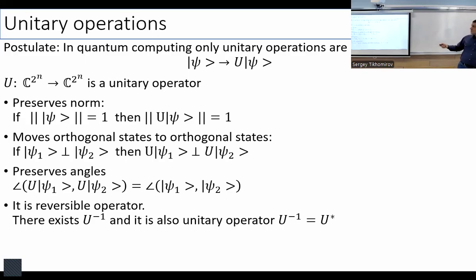So for any unitary operator, there is its inverse. So whatever you calculate forward, you theoretically can calculate backward. And this is a very strong restriction. Also, the inverse is a conjugation of the operator, but this is not what's important now.